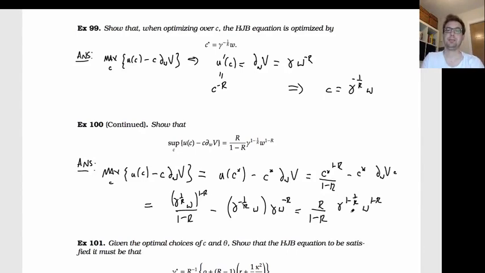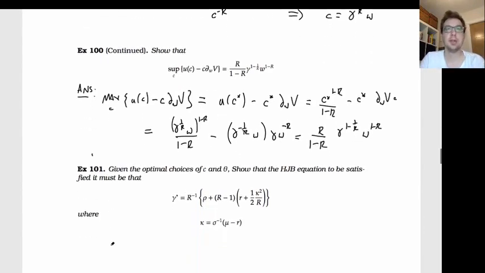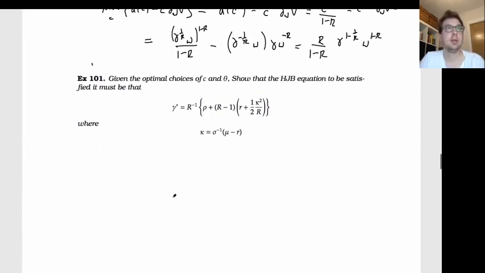Okay, good. And then the final part here, which I'm going to ask you to do as an exercise, is to show that gamma star is equal to this expression, where kappa in this expression is equal to sigma to the minus 1 mu minus r.